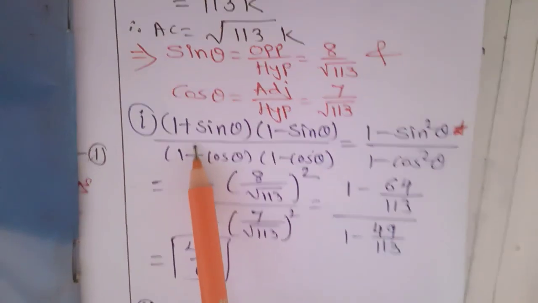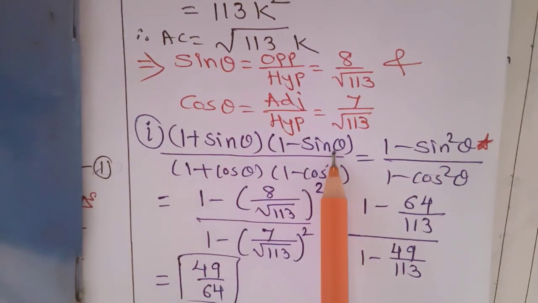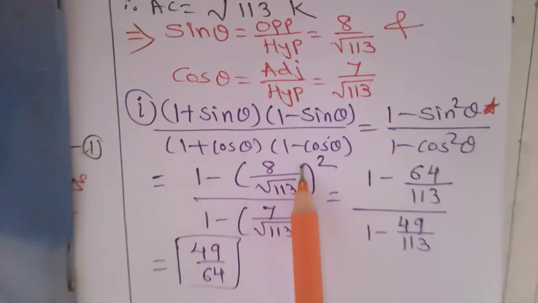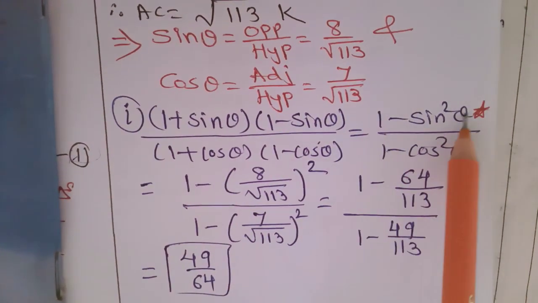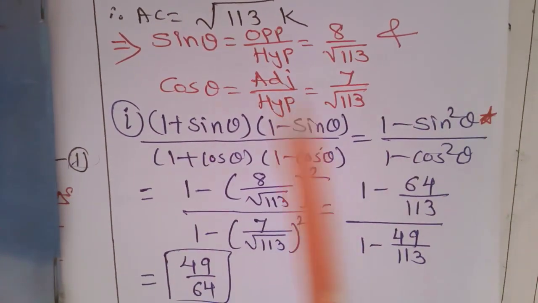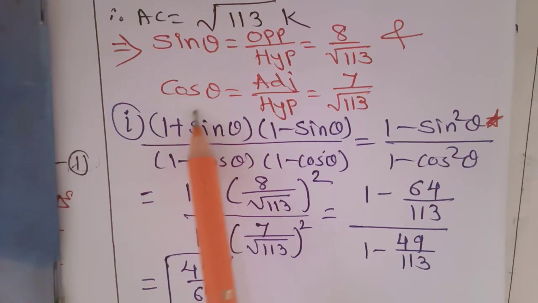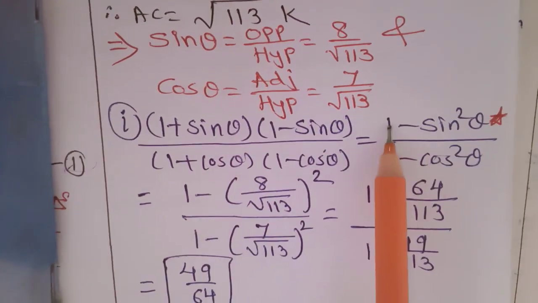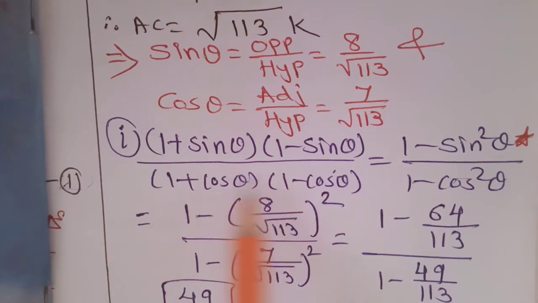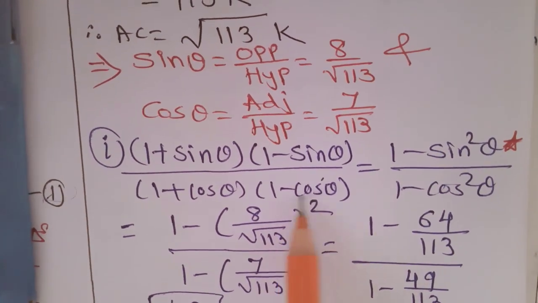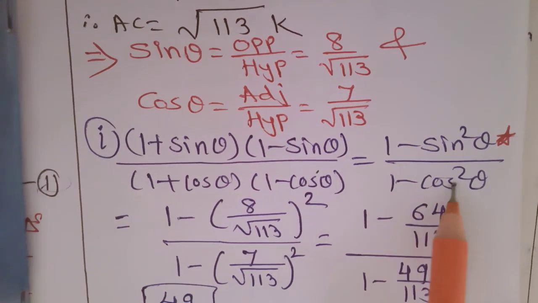Now the first solution: as it is, copy the question, (1 plus sin theta)(1 minus sin theta) upon (1 plus cos theta)(1 minus cos theta). One rule is here, (a plus b)(a minus b) is a square minus b square. Value of a is 1, value of b is sin theta. Therefore it is 1 minus sin square theta. Similarly for the denominator you can use the same rule and write 1 minus cos square theta.